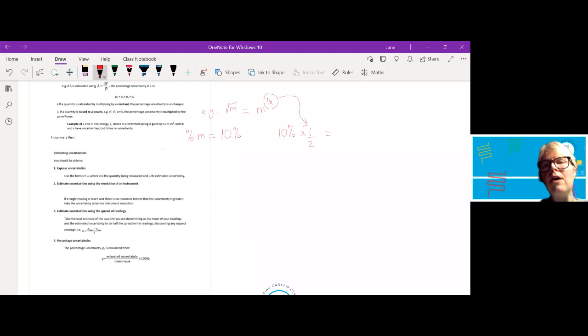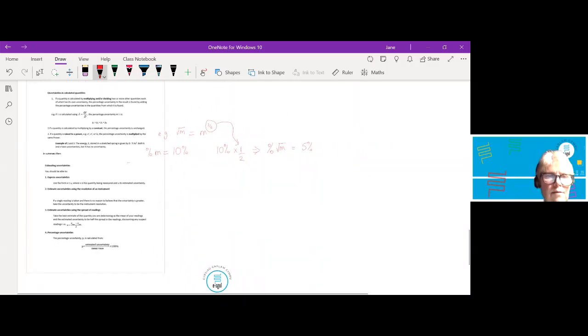And therefore, the percentage uncertainty in square root m will be half of 10%, i.e. 5%. And that's the only time where it goes down. Now, I want you to remember it by timesing it by a half, not the idea of dividing it by 2, but timesing it by a half. I know it's the same thing, but then you never actually divide.